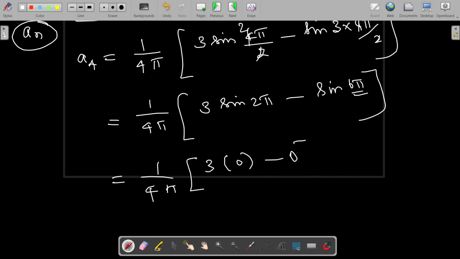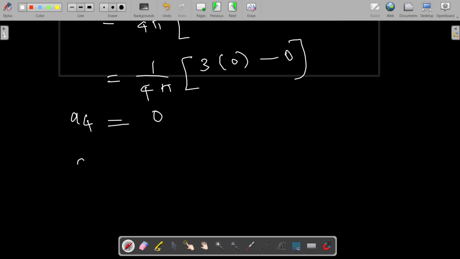So a4 is 0. The same way, if you evaluate a6, it also becomes 0. So we come to an understanding that an, when n is even, the values are 0. That is case 1.